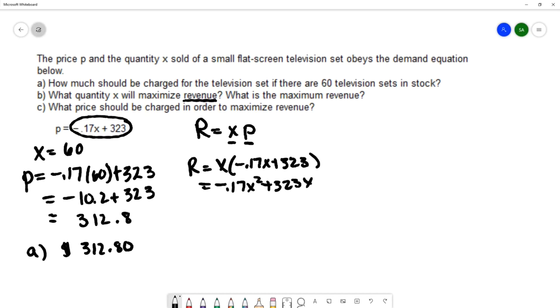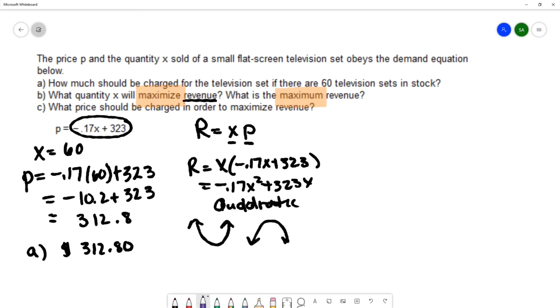So now that we have a function that represents revenue, we can start to answer part B. What quantity will maximize the revenue, and what is the maximum revenue? The function that we have here for revenue is a quadratic. And we know the graph of a quadratic is either an up-facing parabola or a down-facing parabola.